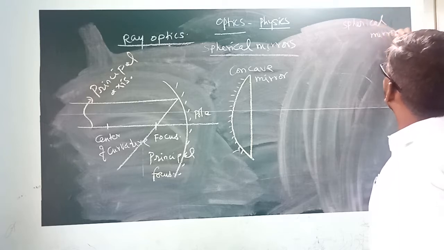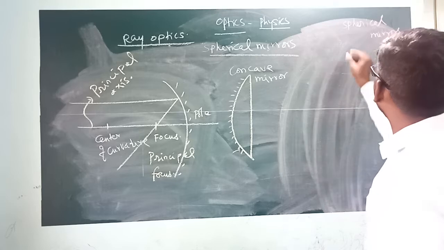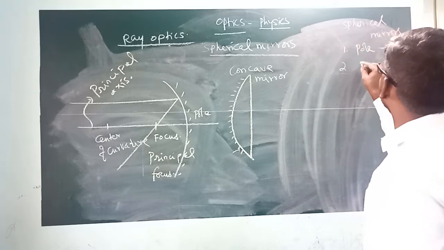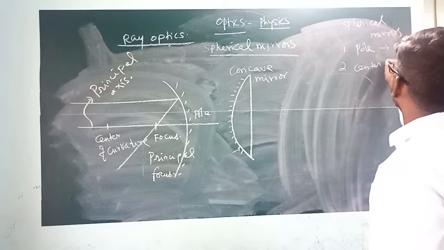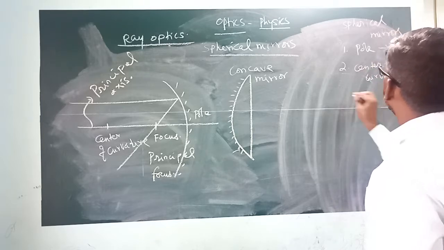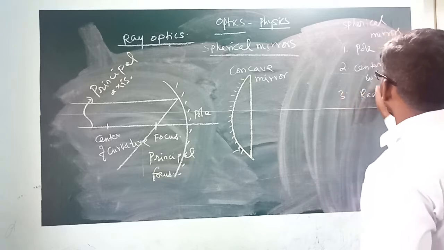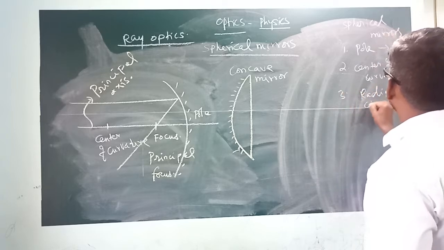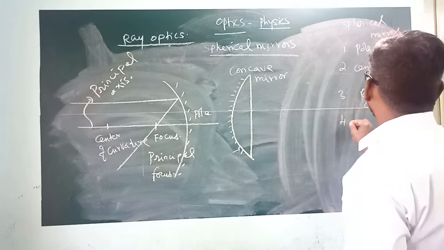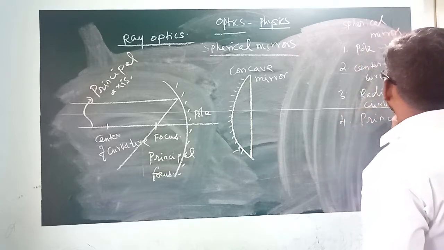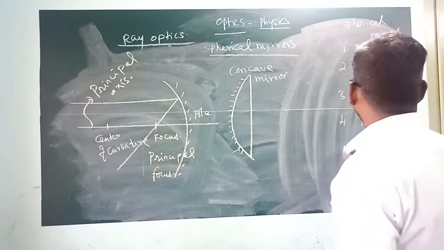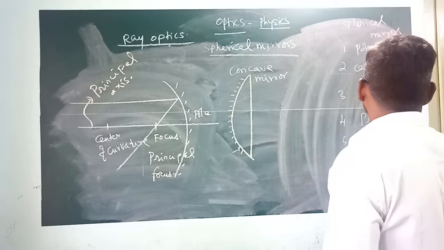In spherical mirrors you are learning about points like the pole, point P, the center of curvature C, the radius of curvature, then the principal axis, then the principal focus.